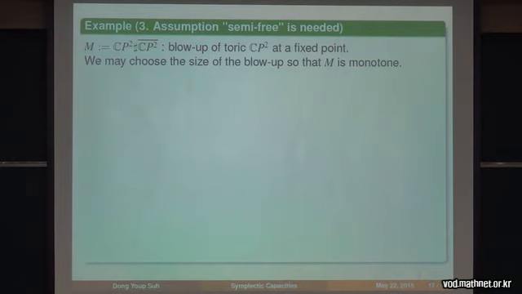And another thing is a blow-up. So this is a Hirzebruch surface. The Hirzebruch surface is a toric manifold, and at a fixed point you may choose the size of the blow-up so that M is monotone, which means it satisfies the Fano condition.